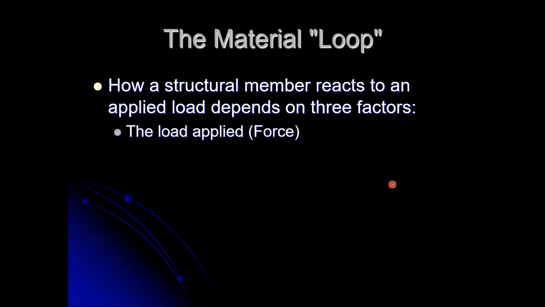Well, the first thing that's going to matter is the load, how much load we apply. Hopefully, it's pretty obvious why that would matter. Somewhere there's a limit between the structure surviving and the structure breaking. So the load we apply definitely matters and is definitely going to control how the member responds, because it could be the difference between breaking and not breaking.